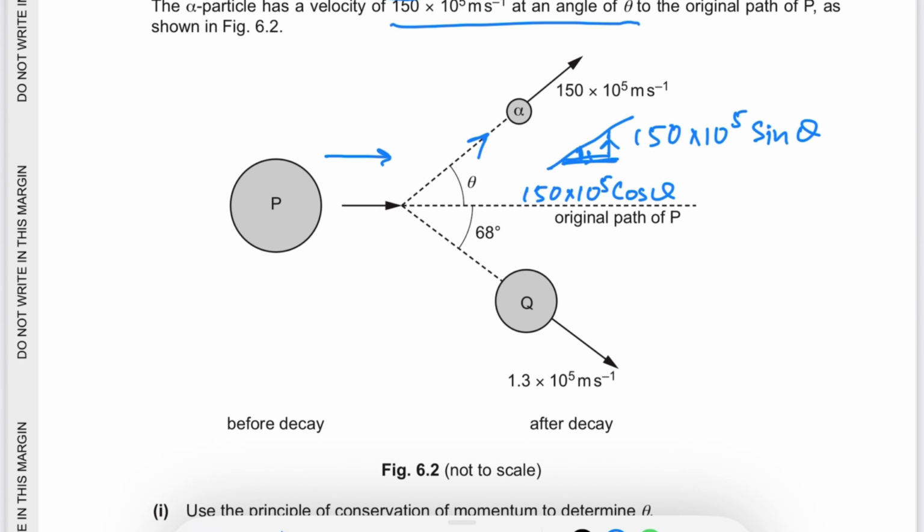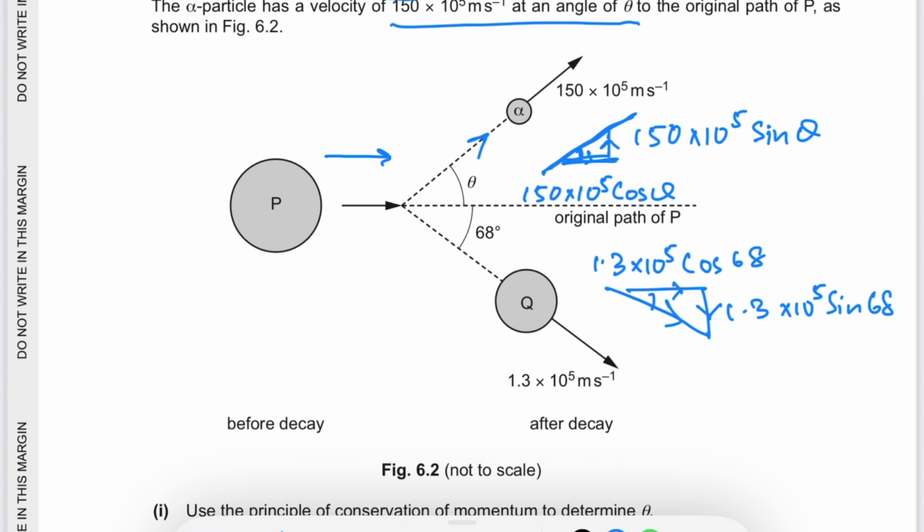Similarly, for particle Q, the horizontal component would be V times cosine 68, and then the vertical component would be the velocity times sine 68.